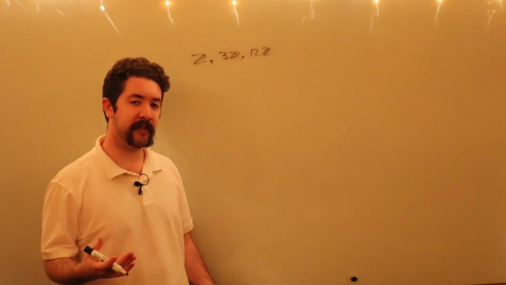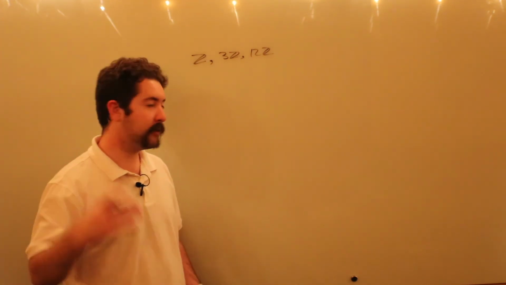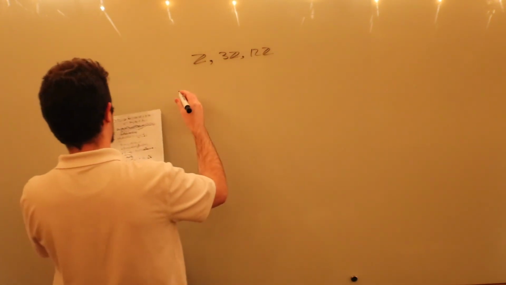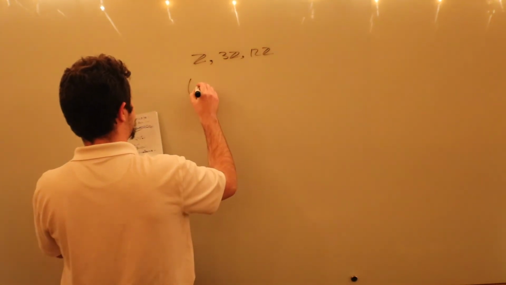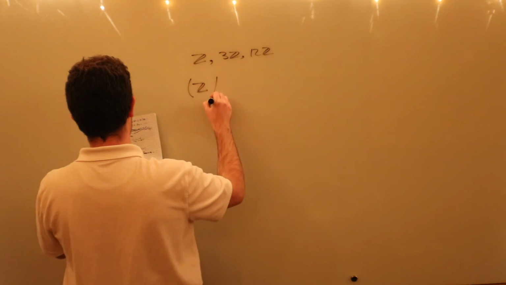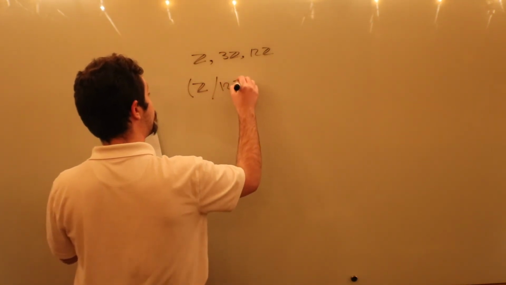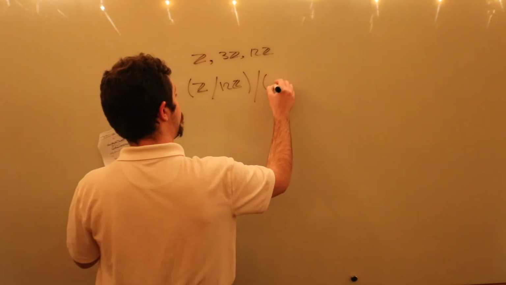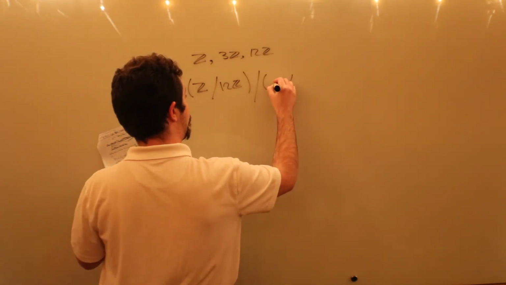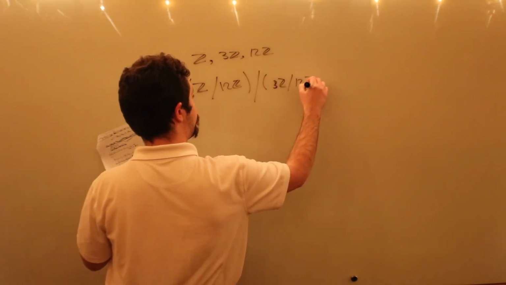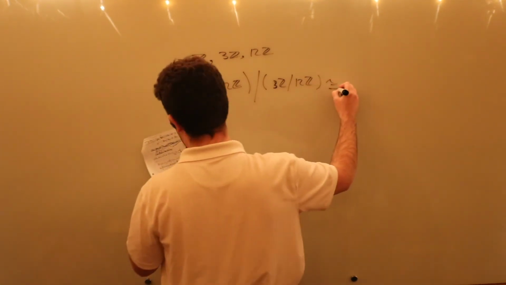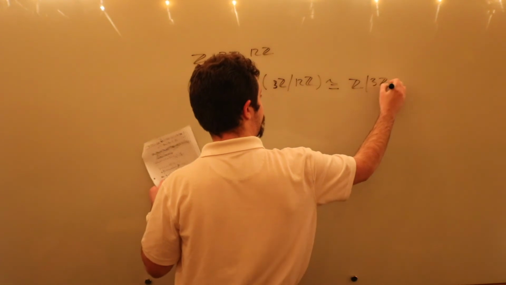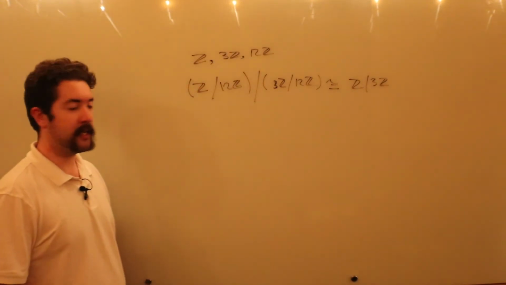So they're sort of trivially normal in larger groups. So the third isomorphism theorem applies, and we can say soundly that Z quotiented by 12Z, quotiented by 3Z quotiented by 12Z, is isomorphic to Z quotiented by 3Z. What does this mean?